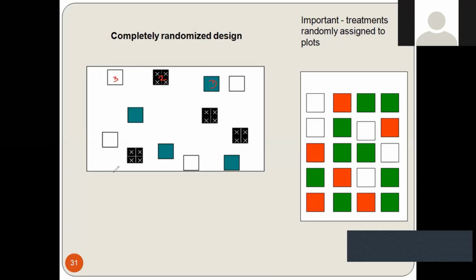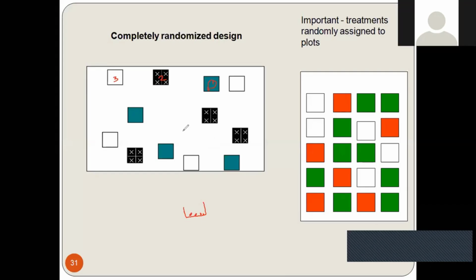Let's say this is a laboratory, with treatments 1, 2, and 3. Say you are doing an experiment with Petri dishes, growing some microbes. You can keep the Petri dishes all over the laboratory, or in any area of the laboratory.